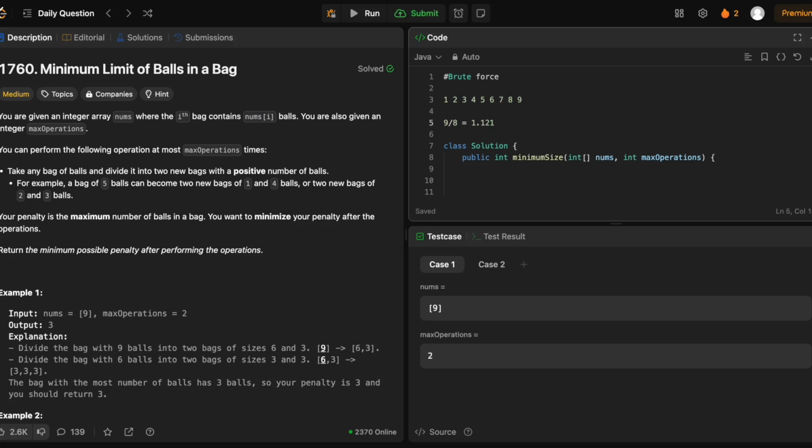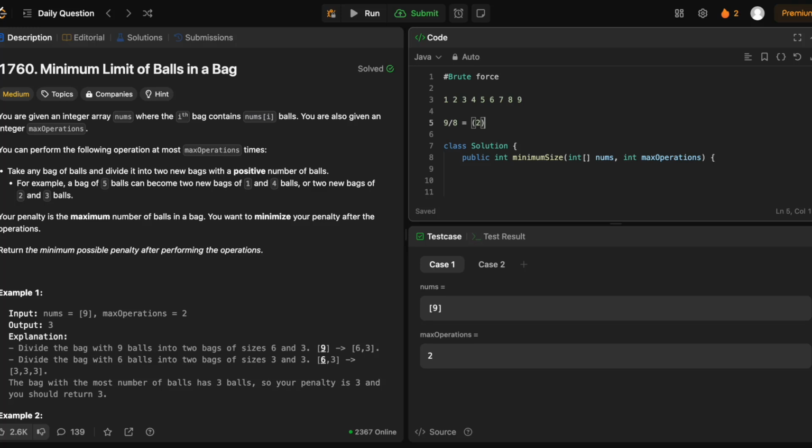This tells us that to get to this particular number, we can do it in one operation. So what we generally do is we round up, plus 1, so this becomes 2.